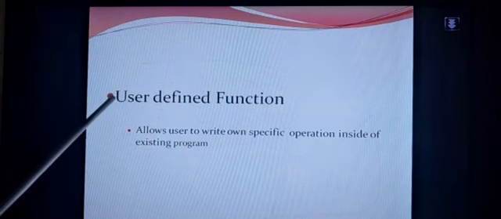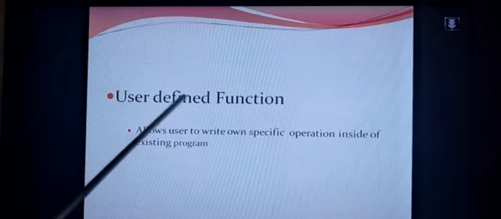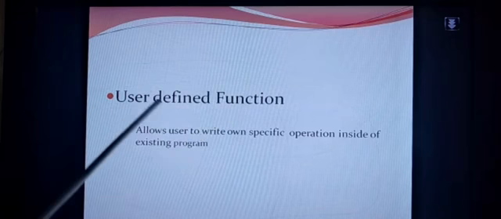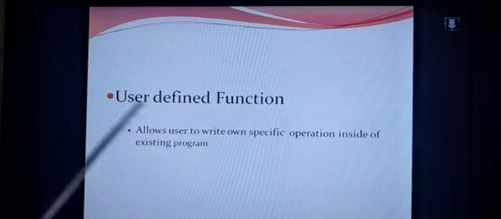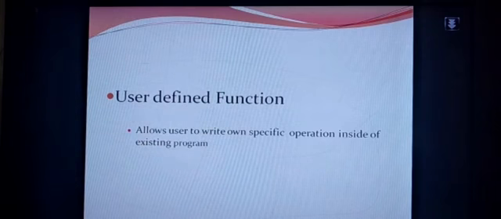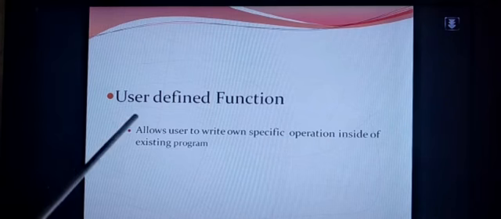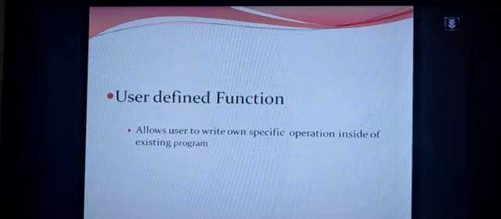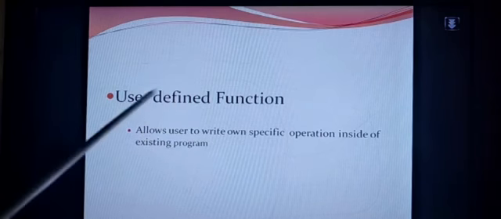By the name itself, you can see that the user is going to define a function. In this case, the function allows the user to write any function on its own. PHP allows the user to write own specific operation inside an existing program, and that is called a user-defined function.